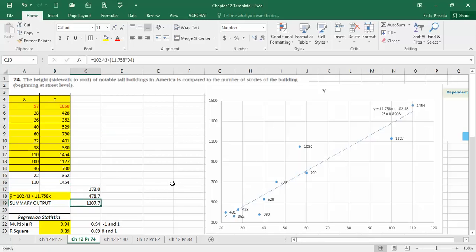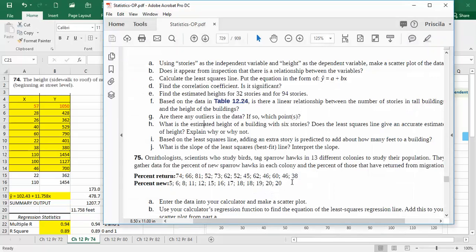So each story that you add is going to add 11.758 feet. Each story that you add is going to add 11.758 feet. Okay. Next, what is the slope of the least square line?